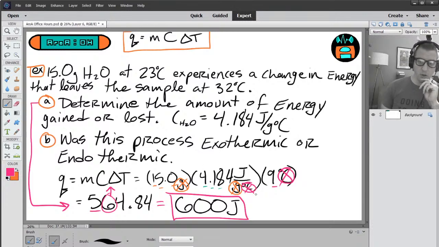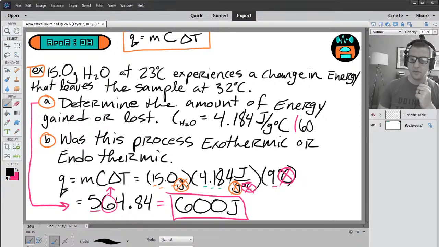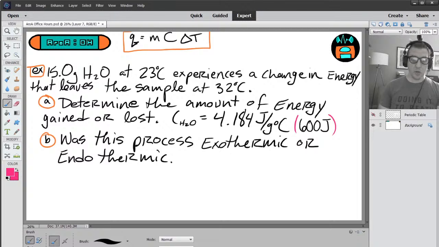Now let's talk about part B. Let's talk about whether or not we are endothermic or exothermic. I'm just going to write this in parentheses up here. All right. Endothermic or exothermic?